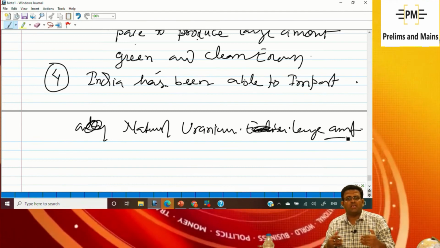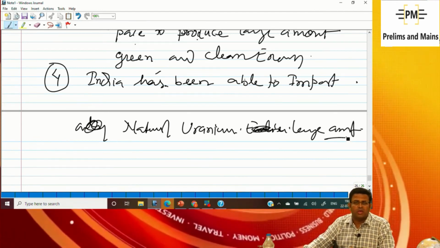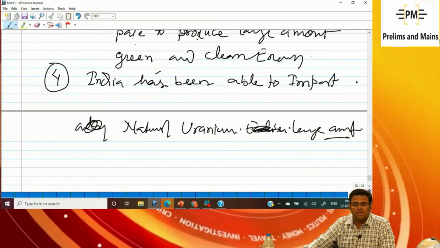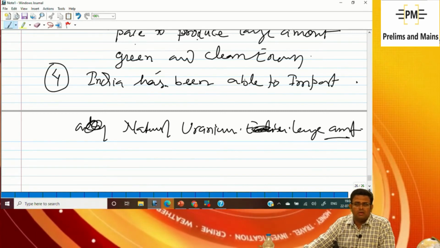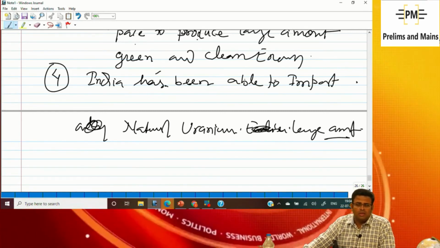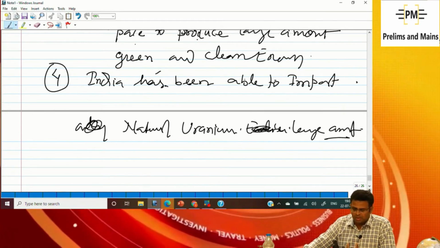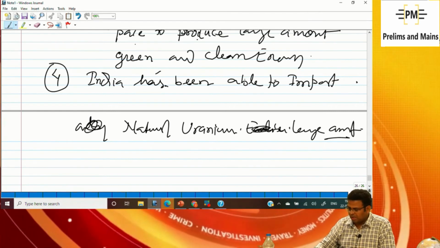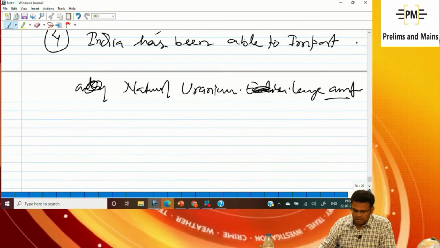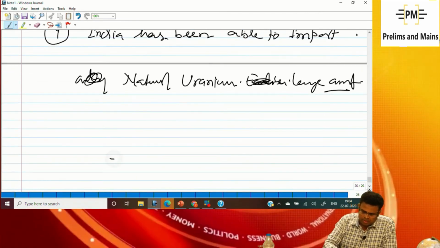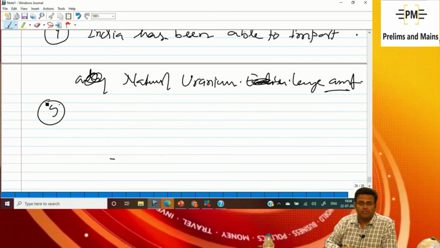Everyone is ready to give, okay, you can take this natural uranium in large amount, because India does not have the technology to produce enriched uranium. So India has been able to import natural uranium. Fifth point, India wants to produce more energy.